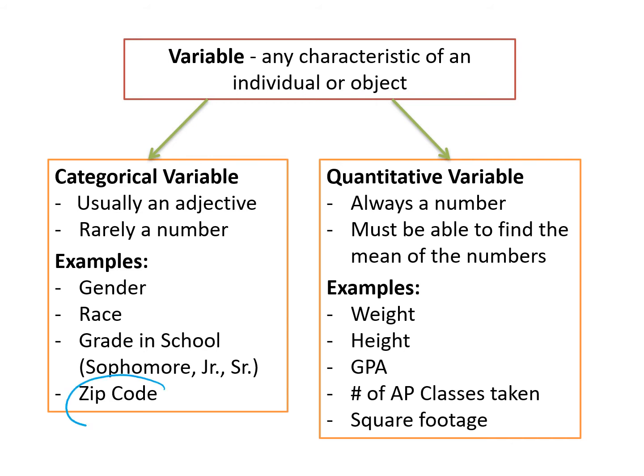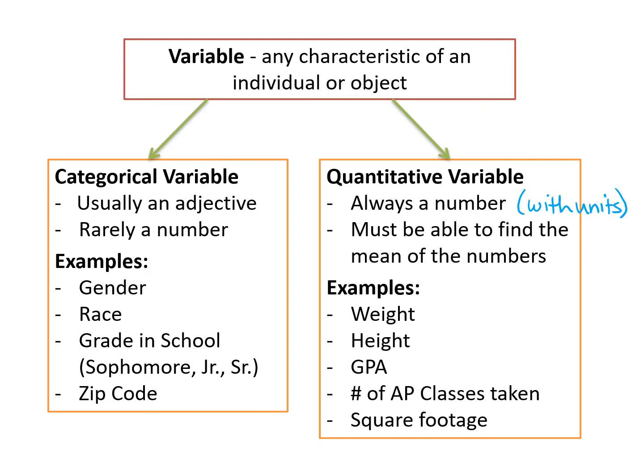In fact, even if it is a number, a lot of times it's more a descriptor of something that's not given a numerical value. For example, zip code. It doesn't describe a value of where you live, it just describes more of a location. Compare that to quantitative variables. Quantitative variables are always a number, and you could think about it as having units.